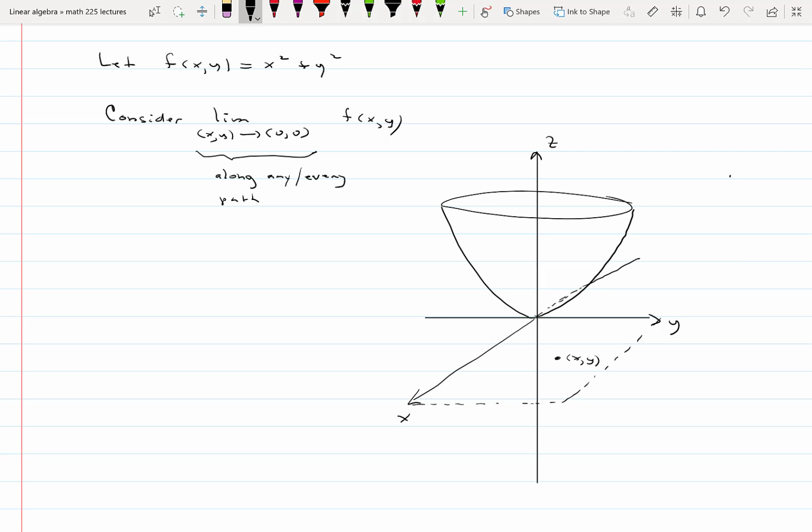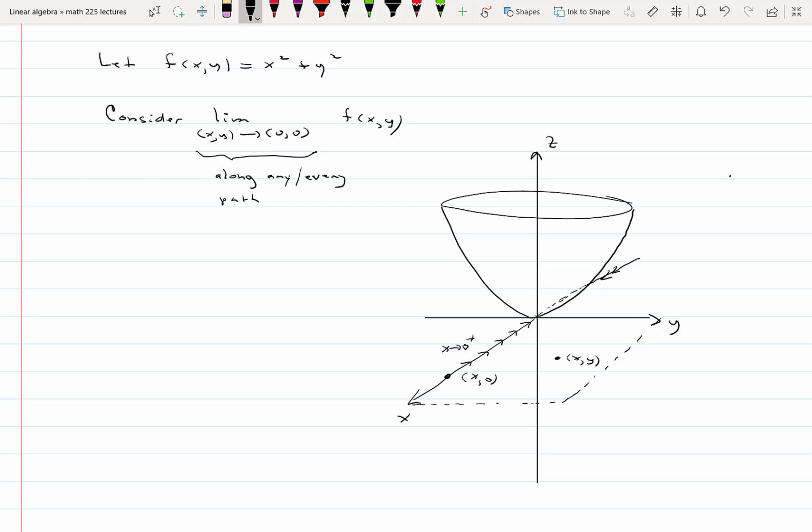There are a lot of paths that you can choose to get to the origin. There are a lot of points you can choose to start from too. Suppose we started with a point along the x-axis. That's a particular point that can be allowed to approach the origin. If we take a typical point, in this case the point (x, 0), and let it approach the origin, this is the same as in Calc 1 letting x approach 0 through positive numbers, or from the right.